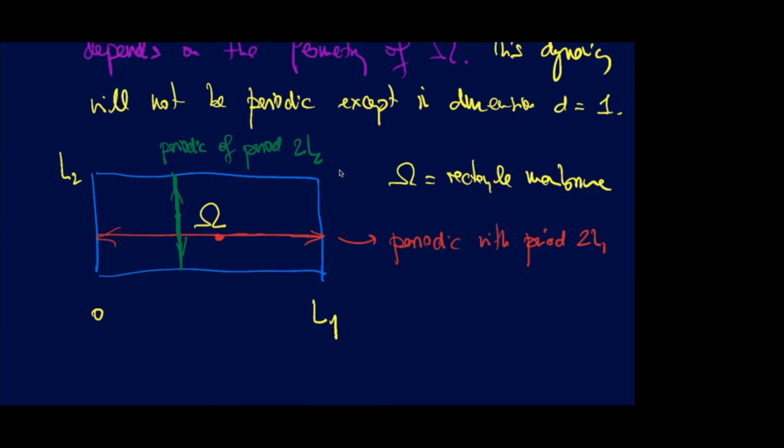Oh, and then you say, well, listen, if all rays are periodic, then maybe there is a common period for all of them. And then my question is, if you have a horizontal motion that is periodic with period 2L1 and a vertical motion that is periodic with period 2L2, can we claim that there is a common period for both of them?